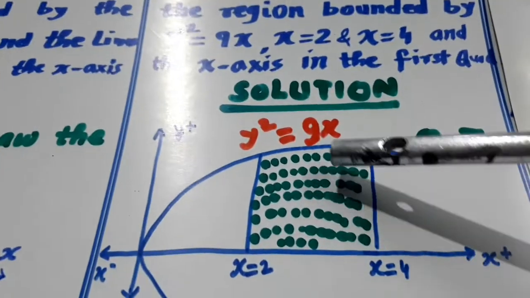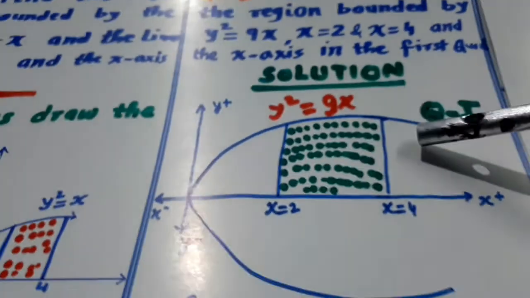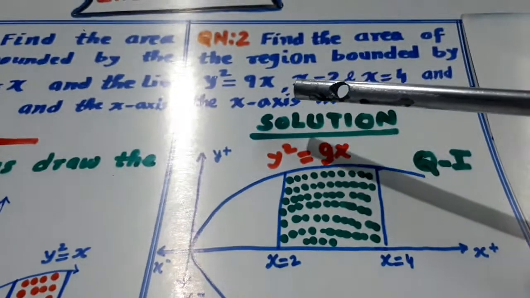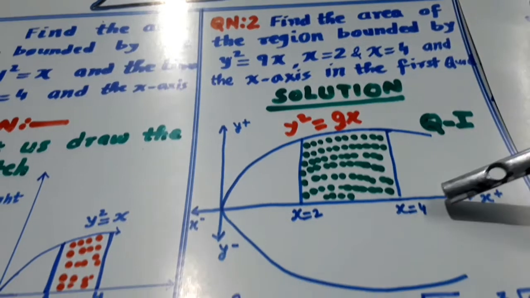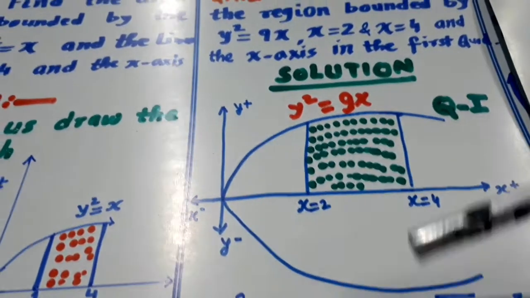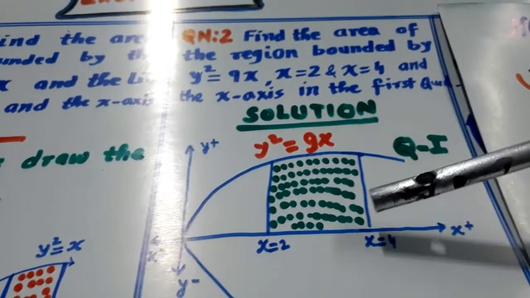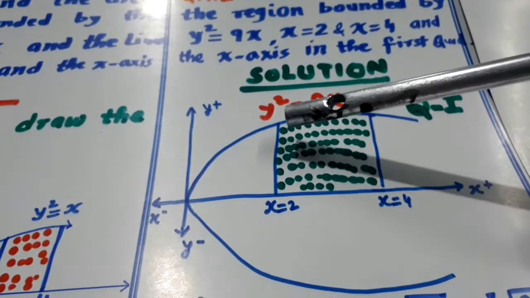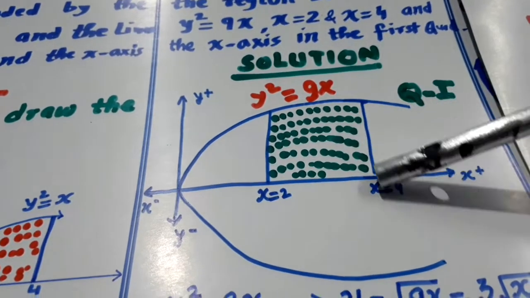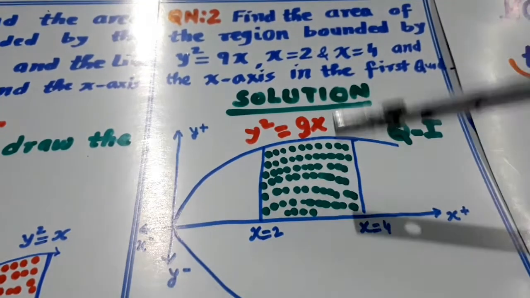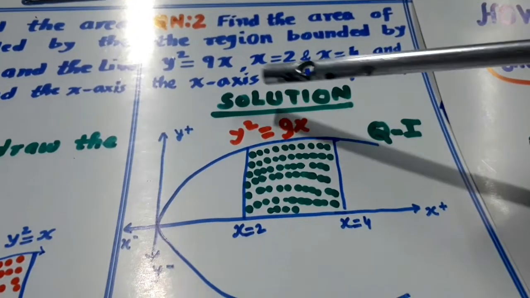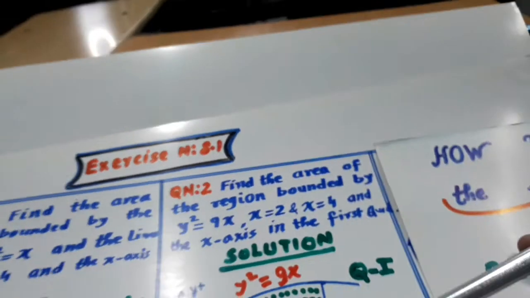Now look here, this is the graph. y square is equal to 9x is similar to y square is equal to 4x, which is the right parabola, and we have to play in the first quadrant. So x is equal to 2 is this line, x is equal to 4 is this line, this is the curve and this is the x-axis. All the four boundaries are covered.